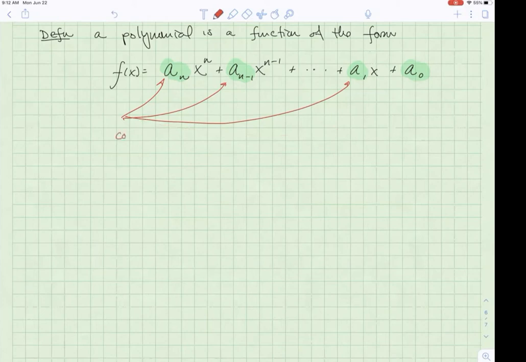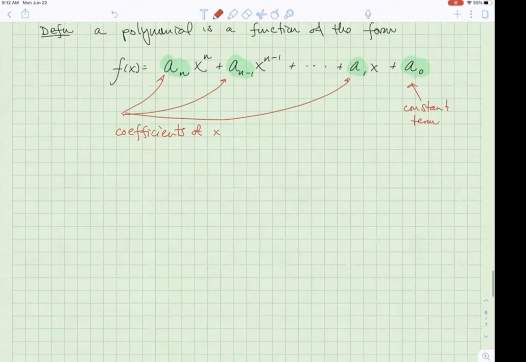These are the coefficients of x. This is actually known as the constant term. And we have coefficients times different powers of x plus possibly a constant term.